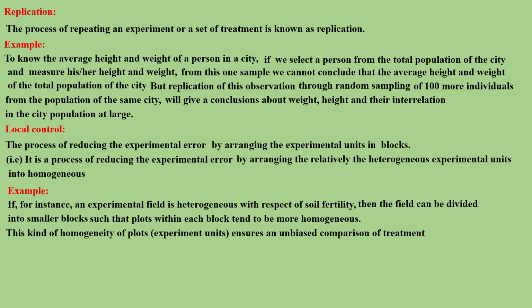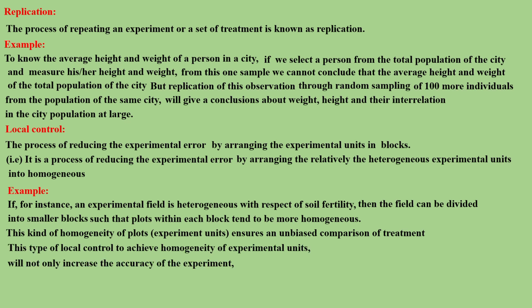This kind of homogeneity of plots, that is experimental units, ensures an unbiased comparison of treatments, right? This type of local control to achieve homogeneity of experimental units will not only increase the accuracy of the experiment but also help in arriving at a valid conclusion.